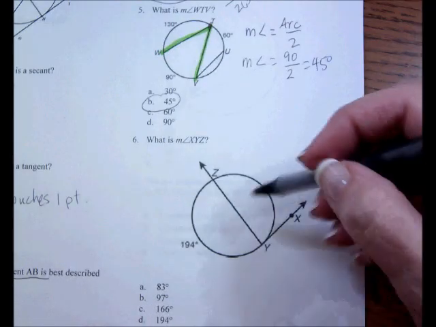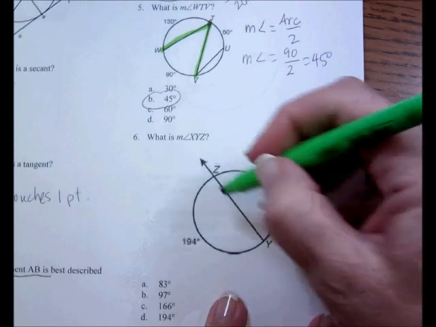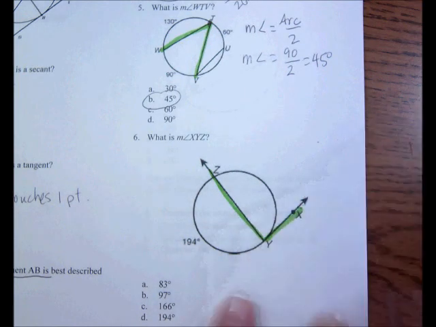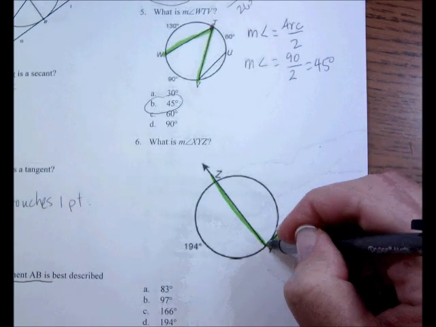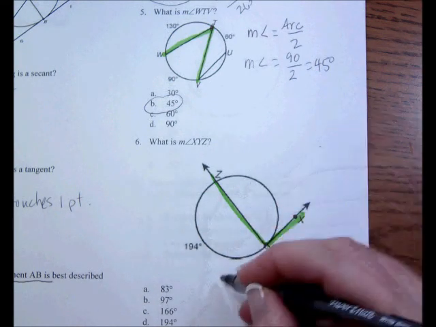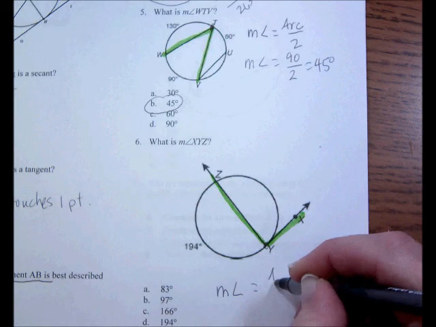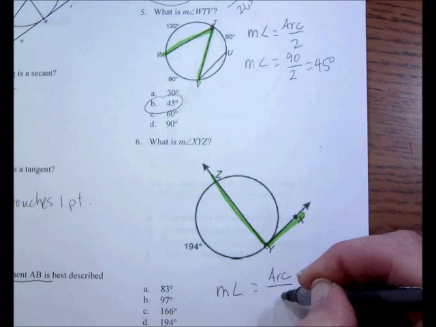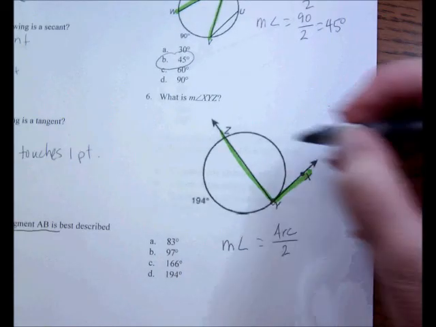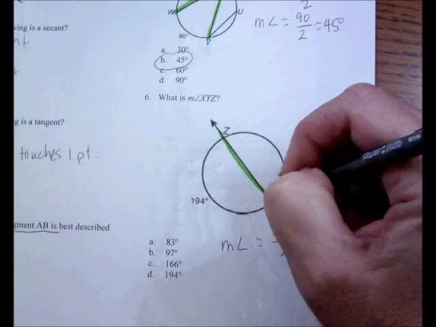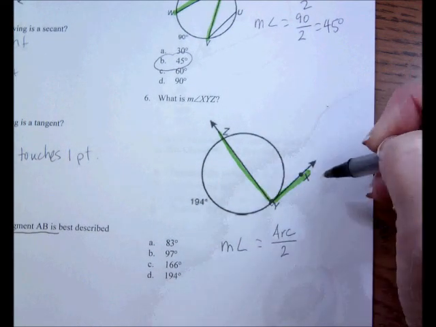Number 6, it says, what is the measure of Z, Y, X? Automatically I can see that the vertex is on the circle. So once I find the intercepted arc, I can say that the measure of the angle is equal to the arc intercepted by that angle divided by 2. But if you notice, we're given the arc that is not intercepted by the angle.